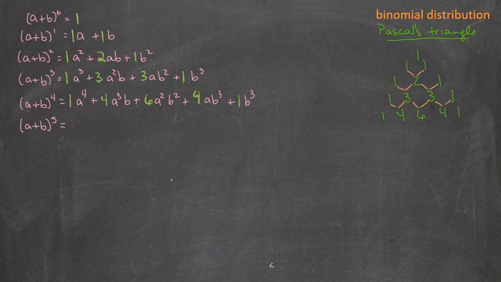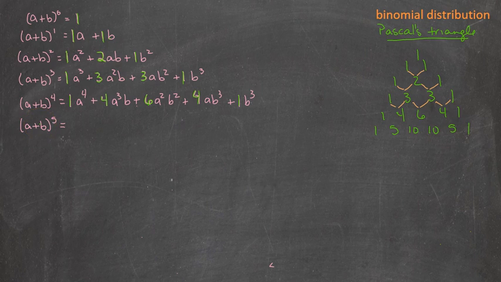So the first thing I can do very easily is identify the coefficients for the binomial expansion raised to the 5th power. So I know 1, 5, 10, 10, 5, 1. There's that palindrome I'm looking for. And so I know the coefficients for a plus b to the 5th power already.